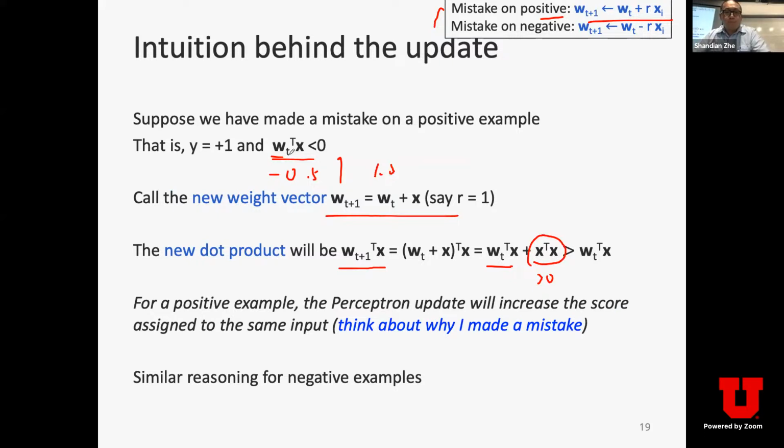However, that does not necessarily mean that if you add x transpose x, your new score will be bigger than 0. There won't be such a guarantee. But at least the updating direction is right: I try to lift my classification score. If I happen to make the new score above 0, I completely correct the mistake. If not, maybe next time we'll meet this example again and do this again, and after a few times I expect that I can completely correct my mistake. Does it make sense?